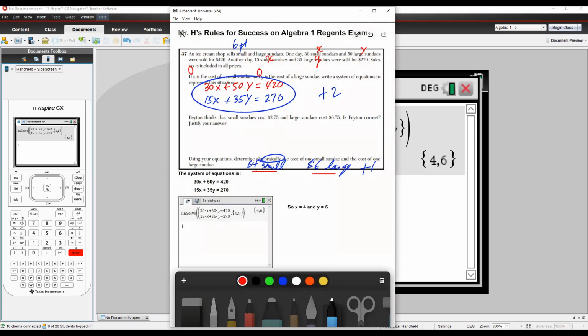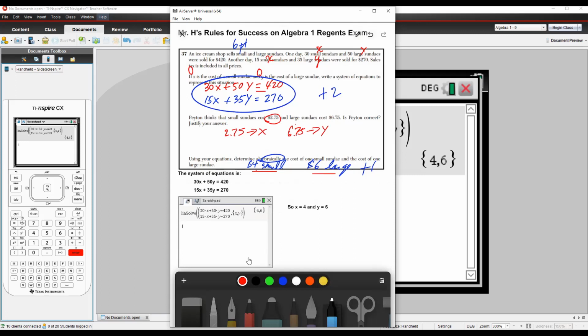Remember, now, but if that doesn't convince you, here's what you can do. You can take 275 and store it into X, and you can take 675 and store it into Y, and then you're going to key in both of these equations. And if either one of those equations is false, that means that Peyton is wrong.